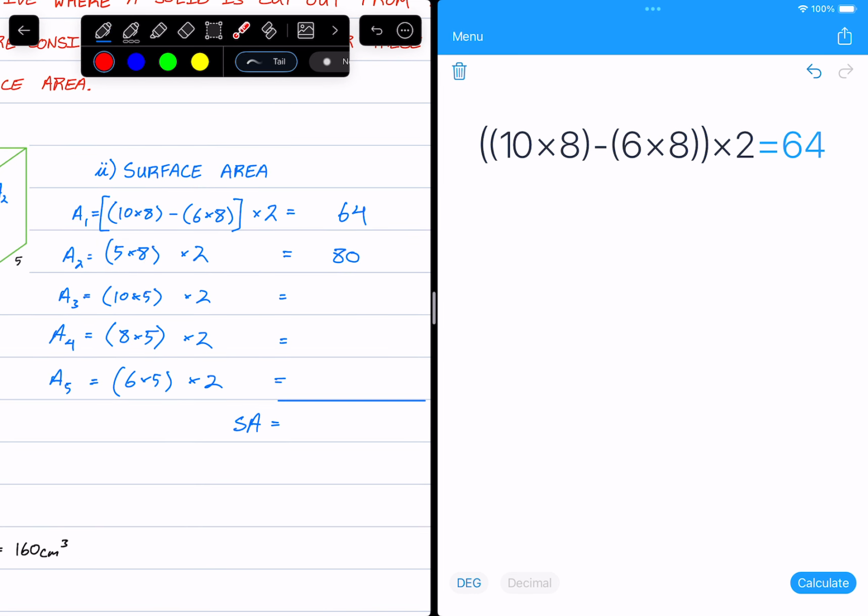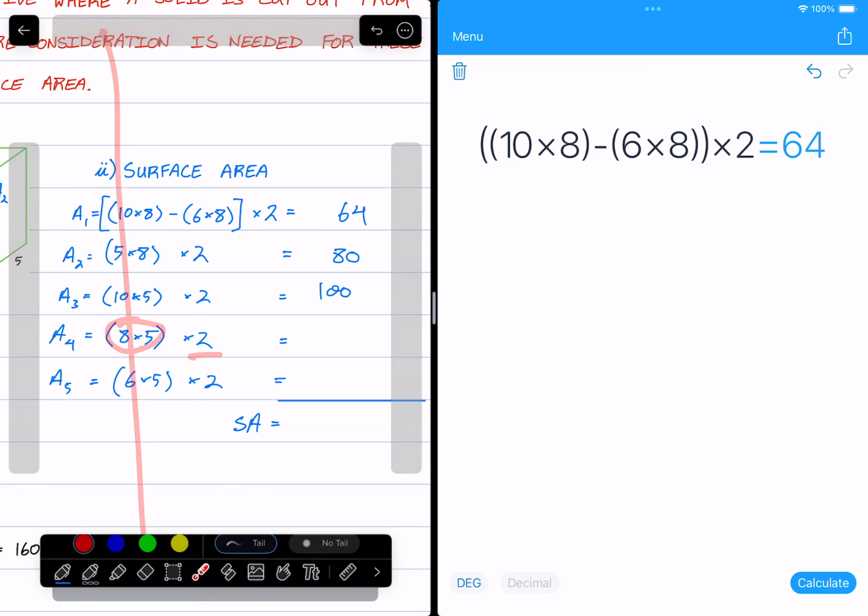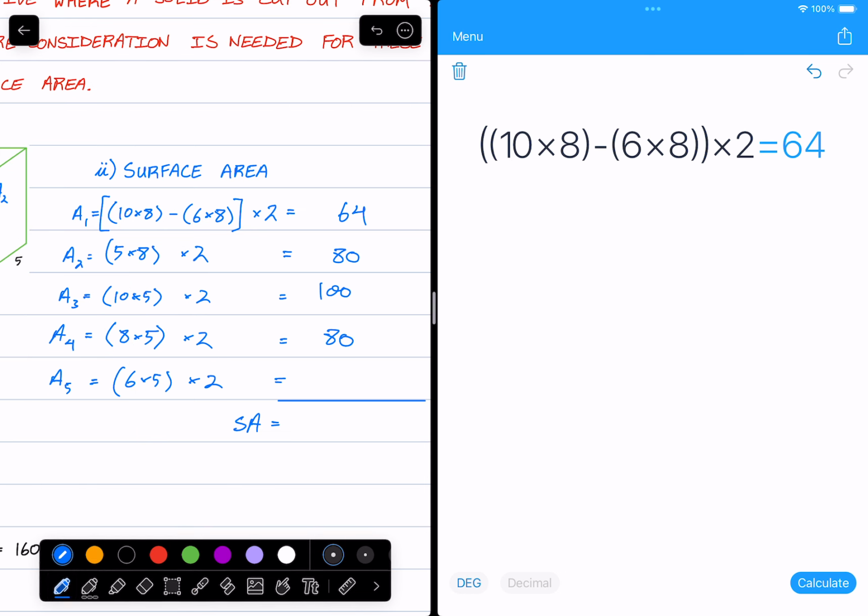Next one's going to be 50 times 2, which is 100. Next one, once again, is 8 by 5, which is 40 times 2, also 80. And 6 by 5, that's going to be 30 times 2, which is 60.